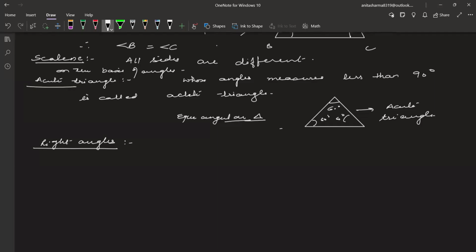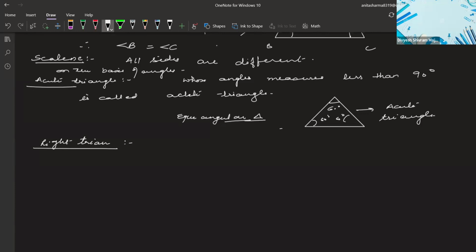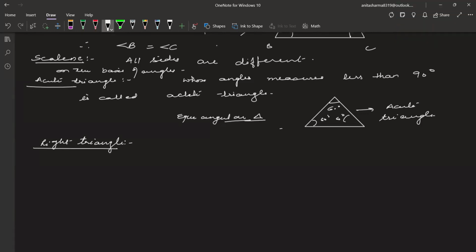Ma'am, a triangle whose all angles are equal to 90 degrees. Not all angles, only one angle is equal to 90 degrees. Yes, sir.